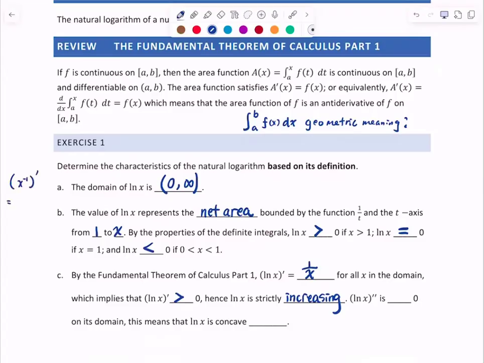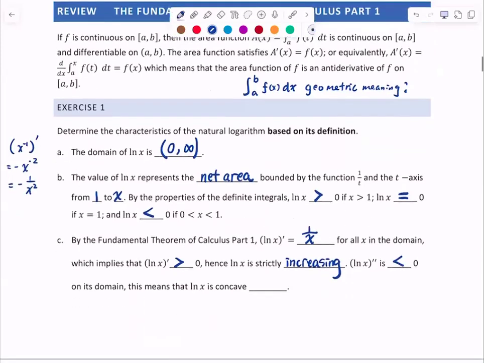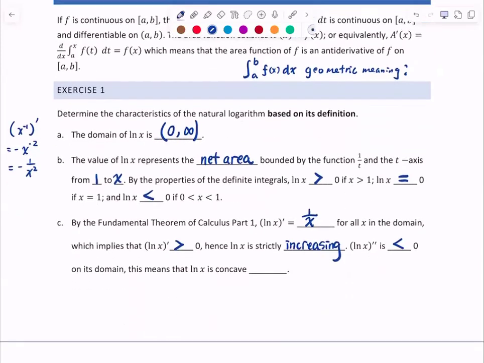What's the power rule? That's the second derivative, is always gonna be what? Less than 0. So ln of x is what? Concave up or concave down? Down. Okay, what's the shape of increasing concave down?